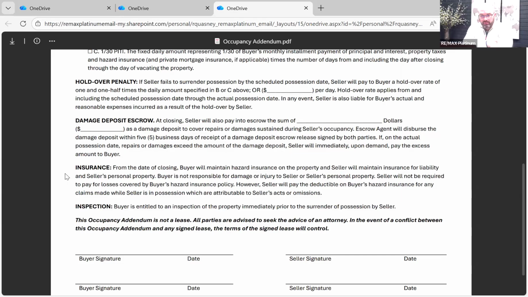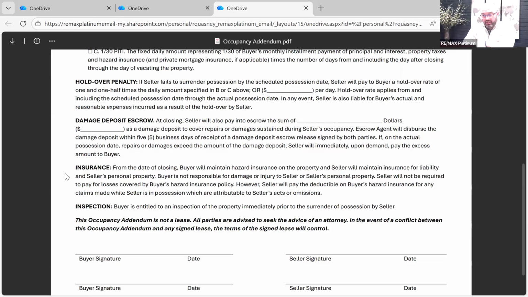Seller will not be required to pay for losses covered by buyer's hazard insurance policy claim. So if the house burns down while the seller is still living there during the occupancy period, and the buyer's hazard insurance pays to build a new house, the buyer doesn't also get to sue the seller for that same $500,000 rebuild cost, basically double dipping both from the insurance and the seller.